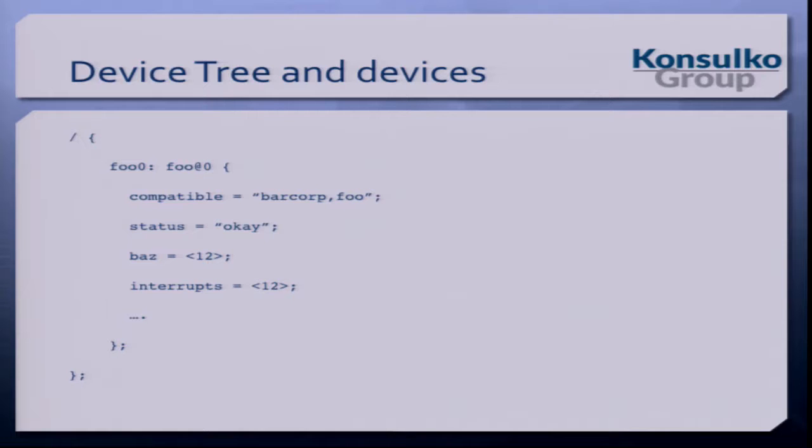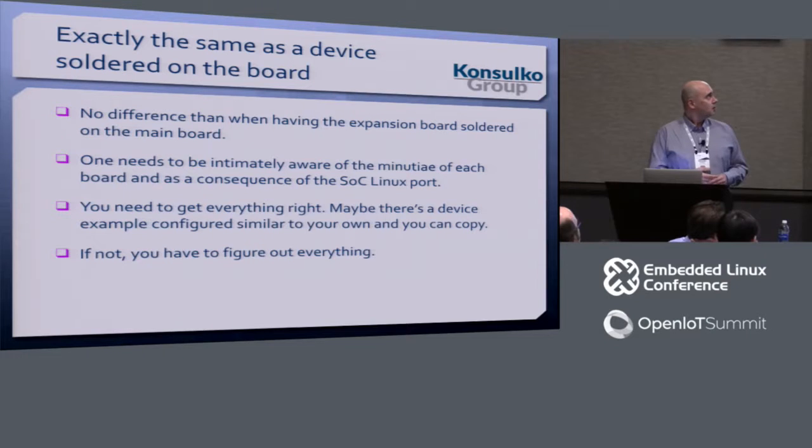So in a very general manner, this is a device tree configuration. It's not very complicated. It's just a set of nodes and a few properties that say what kind of device it is, some properties that describe what it does, and you're off and it works. But it's exactly the same as if the expansion board was soldered on the board.